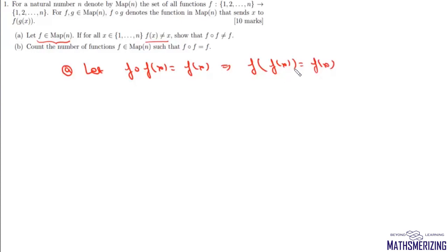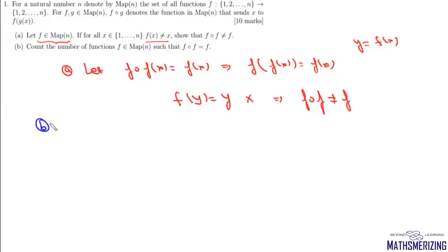Now in this function there will be some y which will take this value as f(x). So in that case we'll write f(y) is equal to y. But in the question it says f(x) is unequal to x for all x from 1 to n. So that means this condition is not possible. So from contradiction we can say that this f of f must not be equal to f.